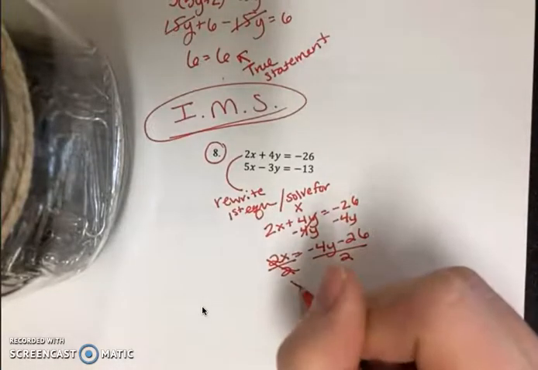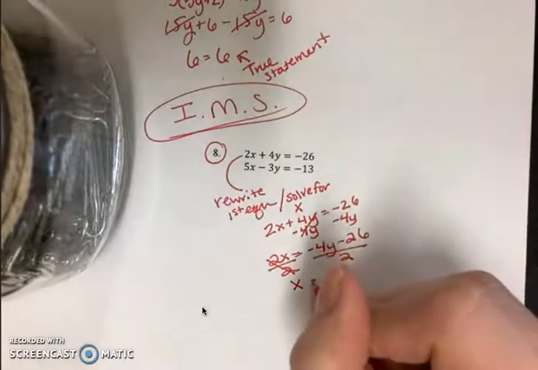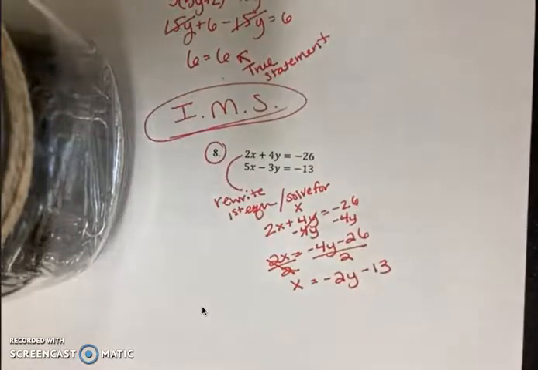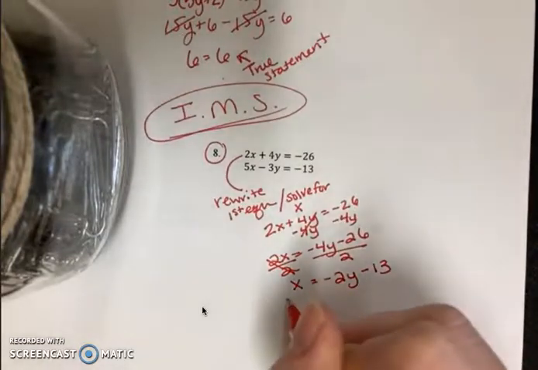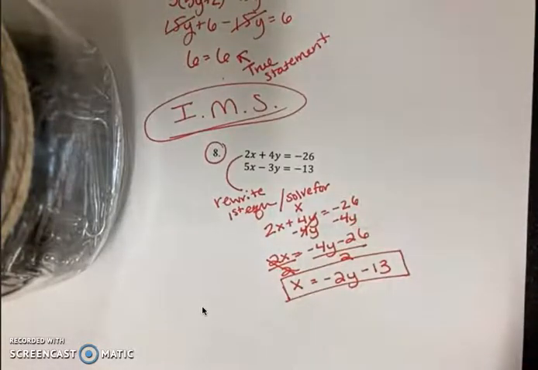So 2's cancel on this side. Make sure you divide each term by 2. So that gives me negative 2y minus 13. This is now the first equation rewritten so it's x equals something. Okay? Negative 2y minus 13.